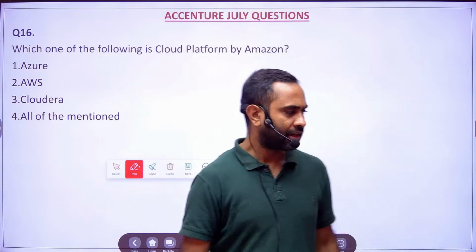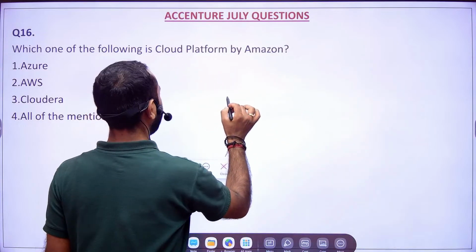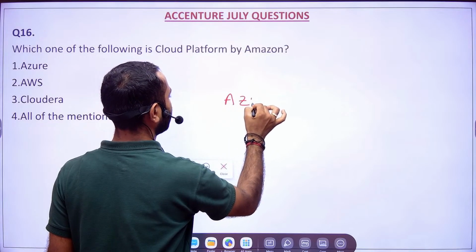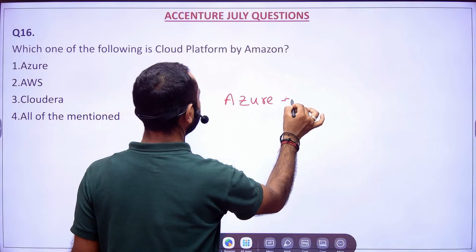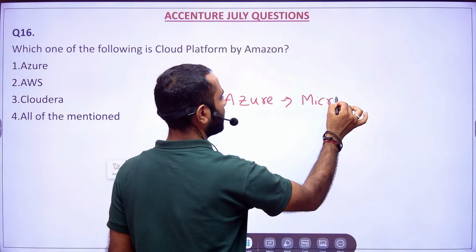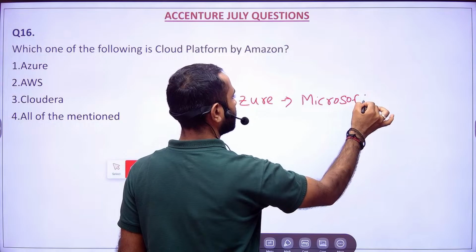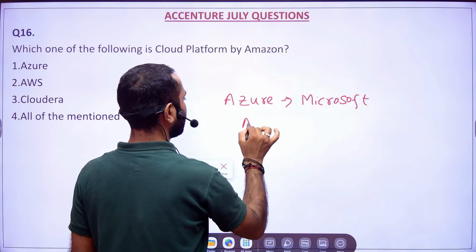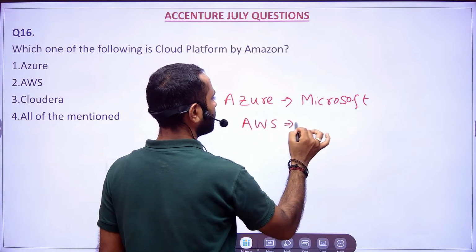Now if we try to see here, friends, the first option is Azure. Azure is a cloud services platform by Microsoft. Then AWS, Amazon Web Services, is by Amazon.